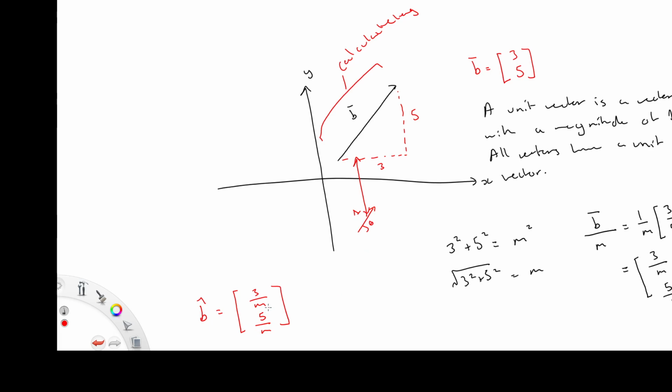Okay, so this vector b, let's draw that. It will be a fraction of the length in that direction, like this. And when you do 3 over m squared plus 5 over m squared, it will basically just give you 1, because that's what the magnitude will be.